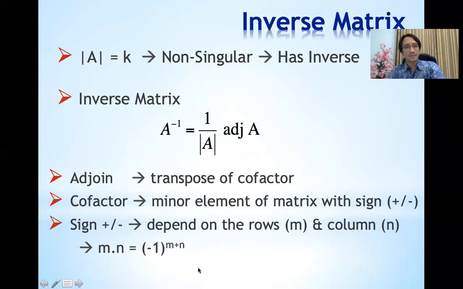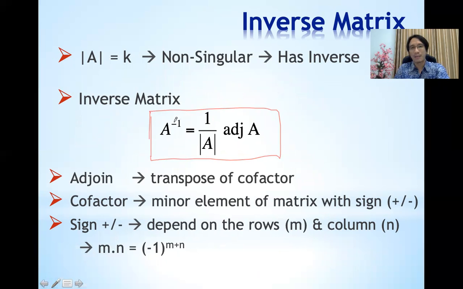It's very simple. Now we are going to talk about the inverse matrix. If the determinant is k, a constant or scalar, non-singular, it has an inverse. We have the formula to calculate the inverse matrix.